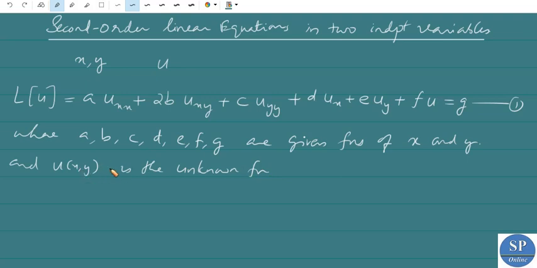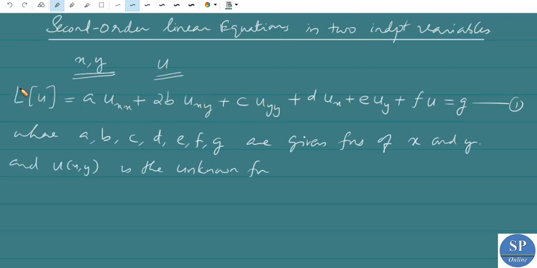or the dependent variable. Okay, so we have the general form of a second order linear equation in two independent variables x and y and one dependent variable u, given by a uxx plus 2b uxy plus c into uyy plus d into ux plus e into uy plus f into u equal to some g.